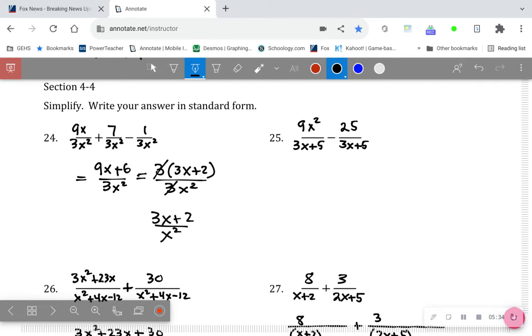And now you do have to stop. Don't cancel that x with the x squared. There's a plus sign next to the top one. Okay, something similar happens here. We already have that common denominator, which makes this a whole lot easier. I'll show you down below how to handle it when you don't.